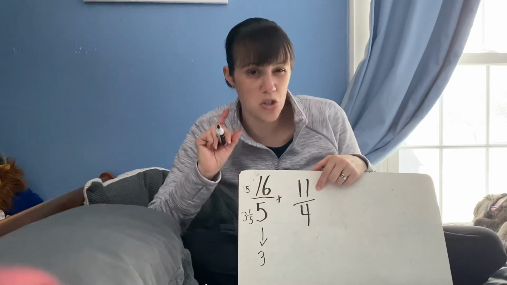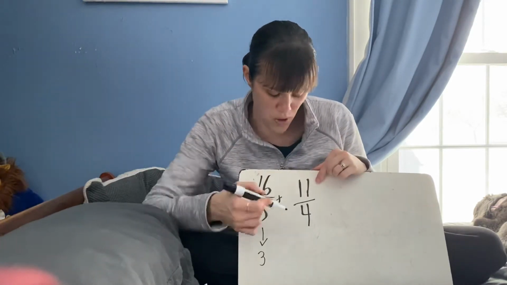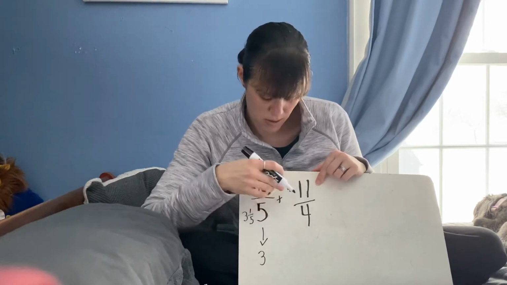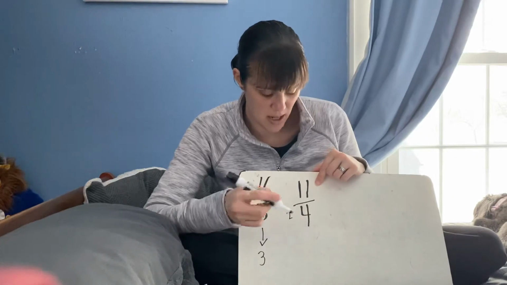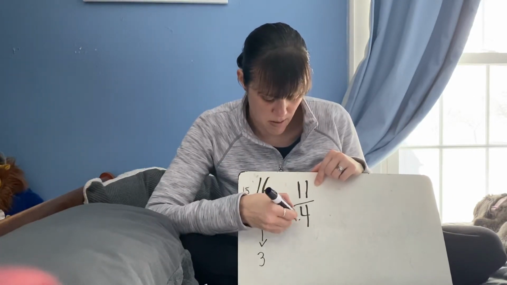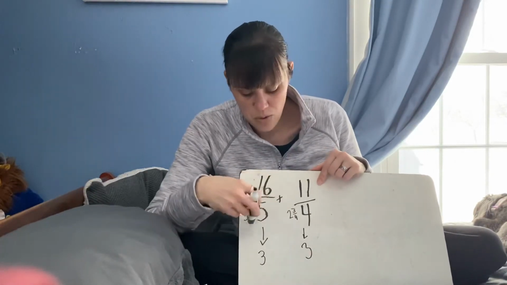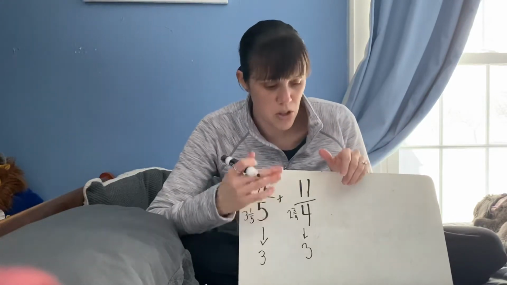So you're just training your brain to be able to switch that improper fraction to a mixed number. 4, 8, 12. Well, 12 is too high. So if you think of this closest to 8, you can just kind of do it in your head. And some of you were able to do that before. And then you can say, oh, okay, that's closest to 3.